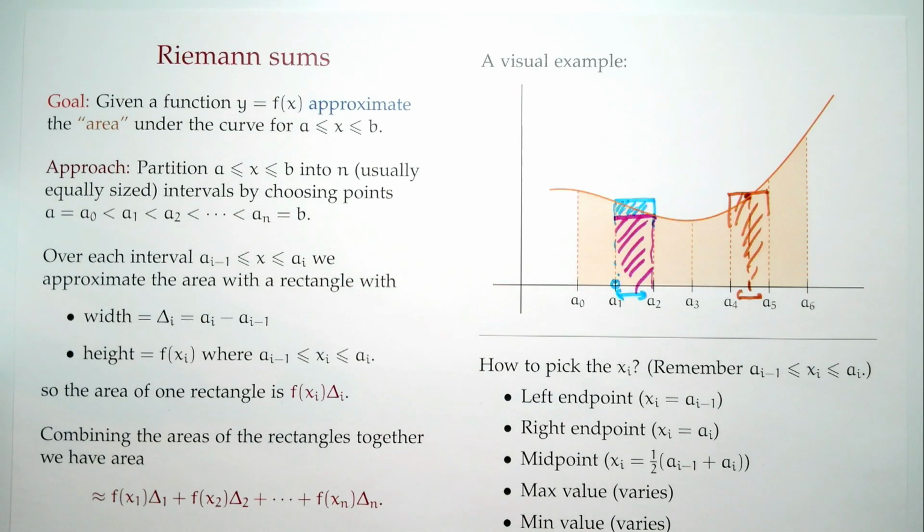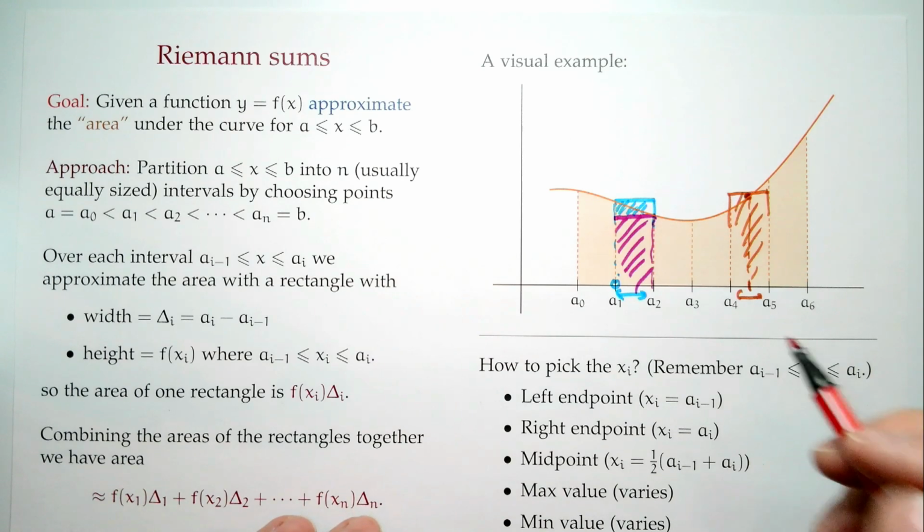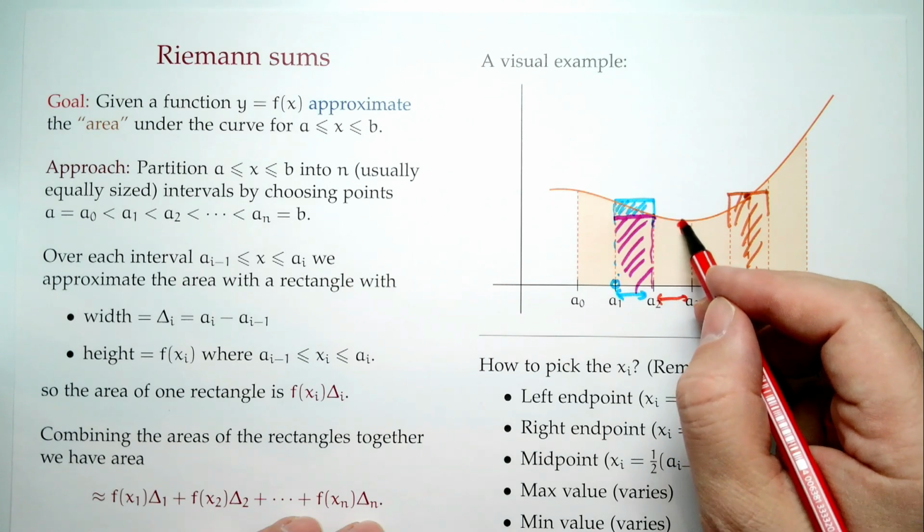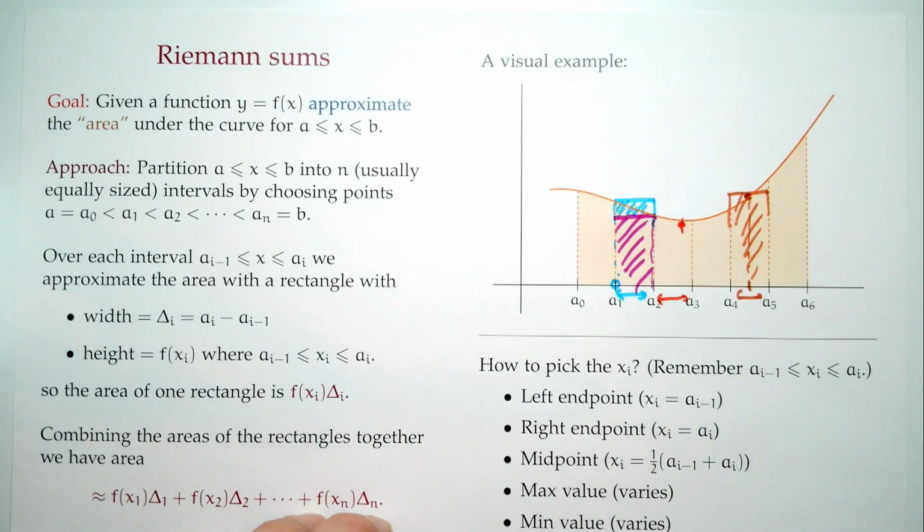You can also pick where is the largest value and where is the smallest value. Now, the thing about picking the largest value and the smallest value is it's a little bit hard to do for a function, because in order to pick the maximum value and the minimum value, you have to find the max and the min. So you might come to this interval between 2 and 3 and think, well, maybe the min occurs right there. But then you actually have to spot it, and that can be hard.